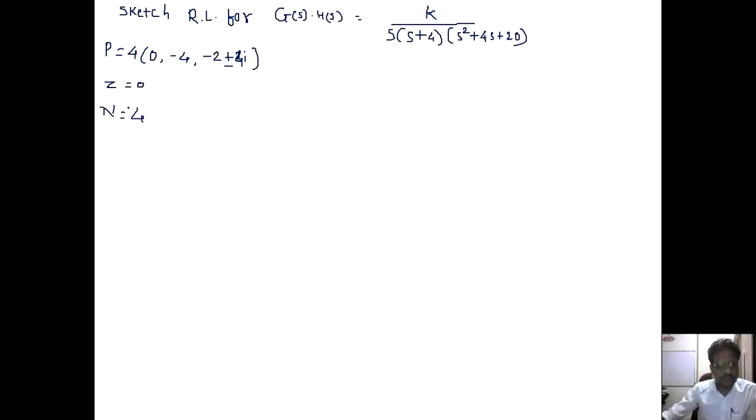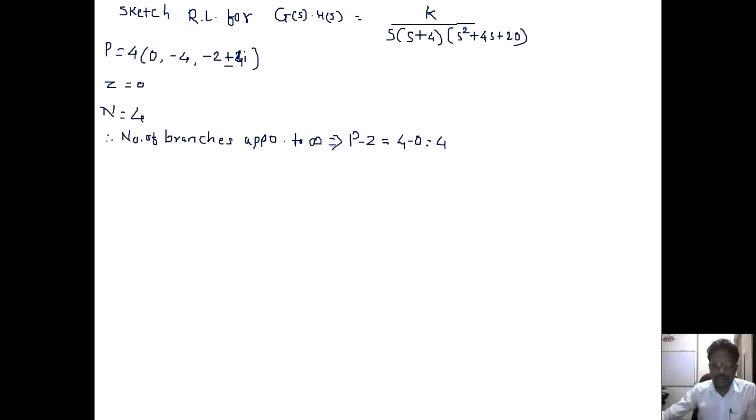Then out of 4 branches, how many branches will approach infinity? The number of branches approaching infinity is given by p minus z, so 4 minus 0 equals 4.